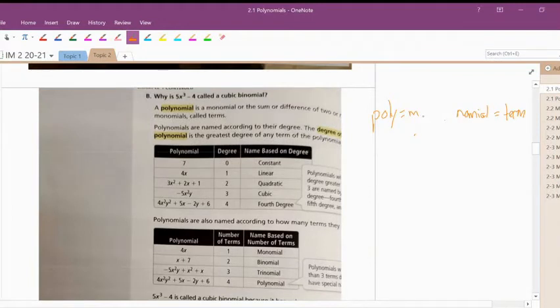So many terms. That's what a polynomial is. So the degree of the polynomial is the greatest degree of any term in the polynomial.